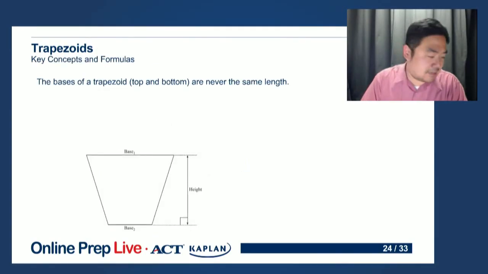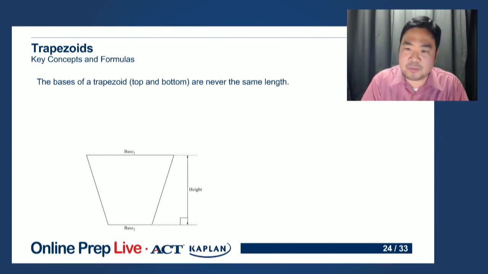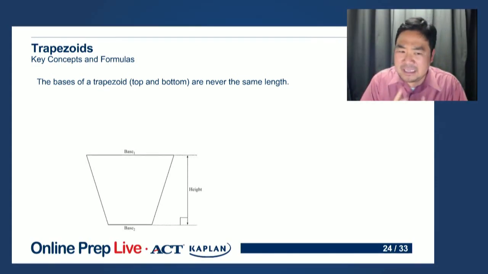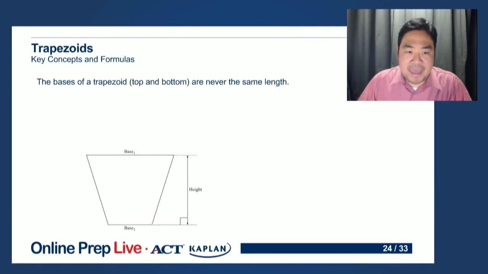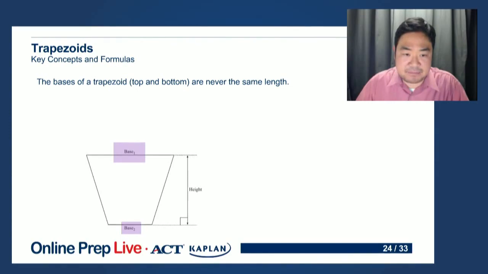Couple more concepts. We saw an example of this a little bit earlier about another interesting type of figure called the trapezoid. So in a trapezoid, the bases, call this base 1, call this base 2, they're not the same length. They're never the same length, but they will run parallel to each other, so you'll have one set number for the height.